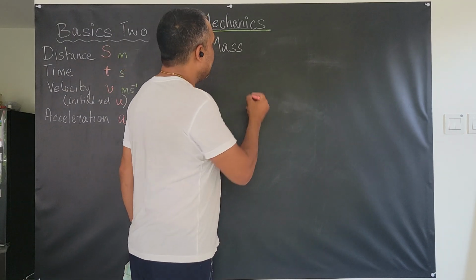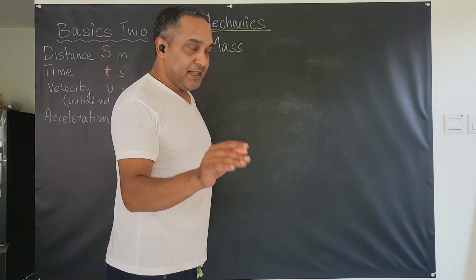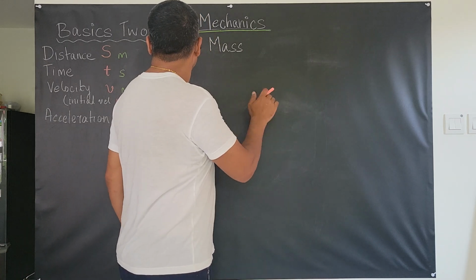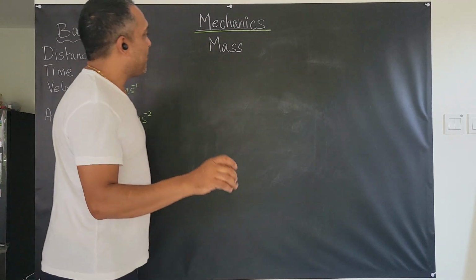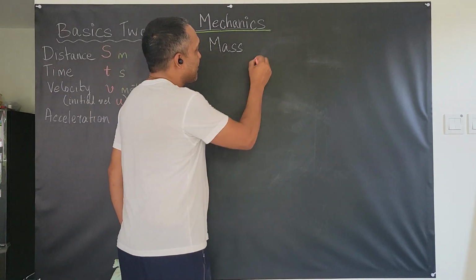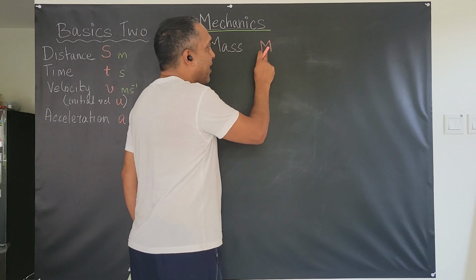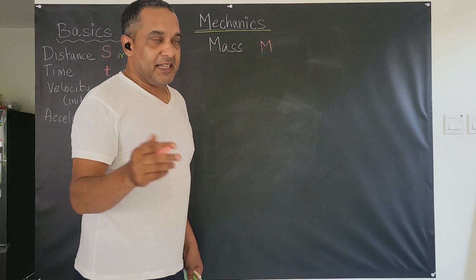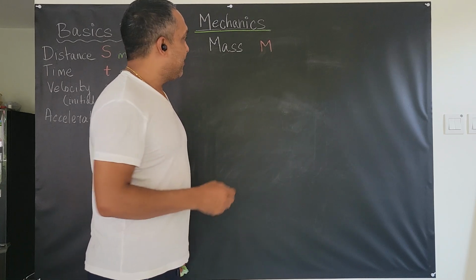Now for mass, I'm going to use uppercase M in this case, because I'm using the lowercase m for meters, and I don't want to confuse you here. Typically that wouldn't be the case. You would find a lot of textbooks using the lowercase m for it, right?